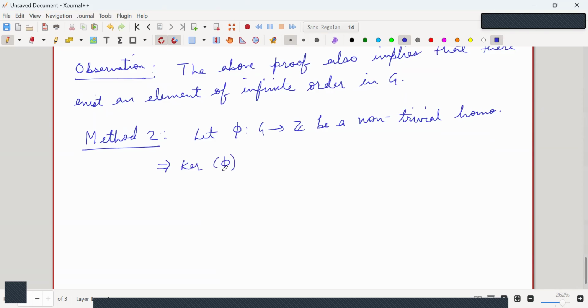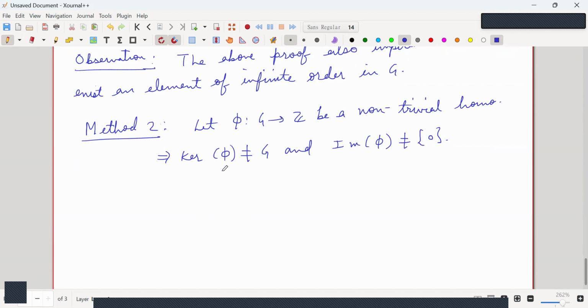Kernel of phi is not the entire G, and image of phi is not the singleton set {0}, right? Because the homomorphism is non-trivial, so not everything is mapping to 0.